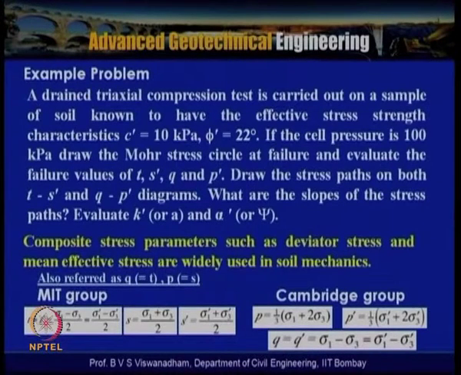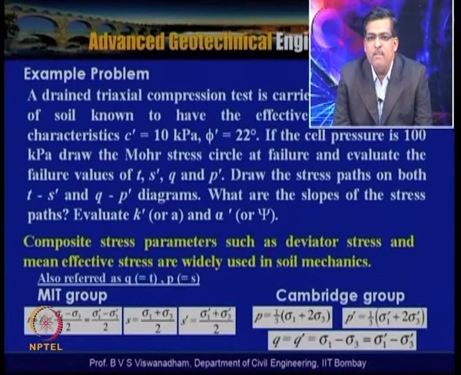So we should refer here that there are two types of composite stress parameters. One was put forward by the MIT group and the other by the Cambridge group, and both groups have unfortunately used the same symbols, q and p. So for convenience here, q is also defined as t and p is also defined as s.